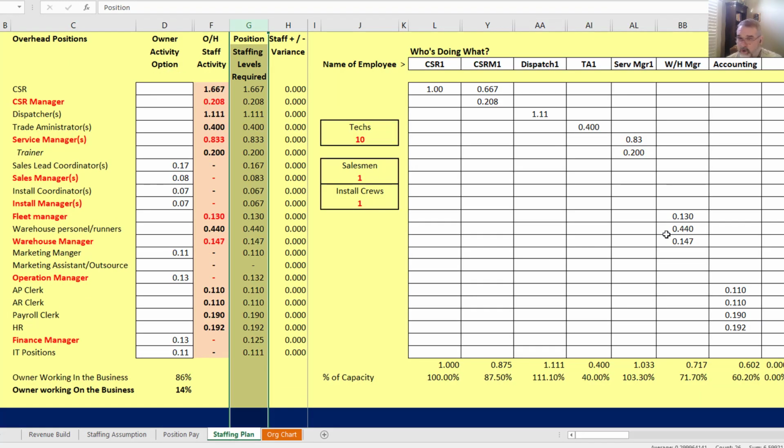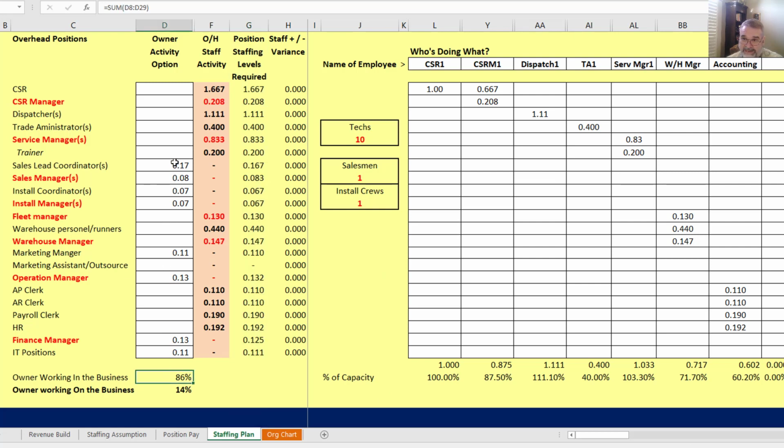And it's pretty pure. So basically you're going to have 10 techs, an install crew, and a salesman. And now you're looking at the owner over here. Now he's wearing 86% of a hat. So he's working 14% of the time on the business, 86% in the business at this point. Because here's the hat he's wearing.